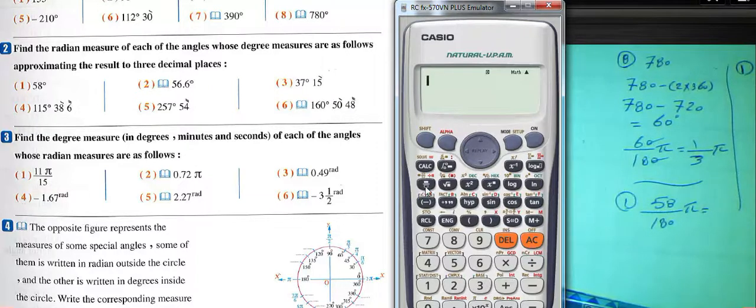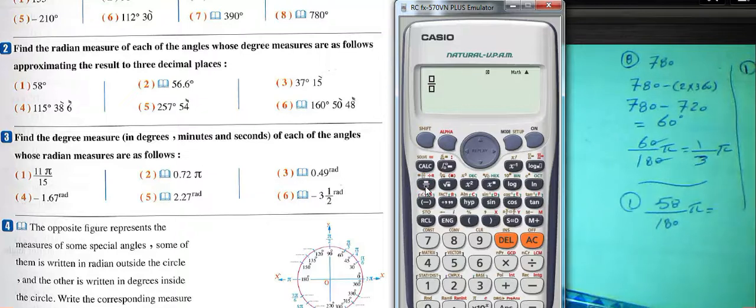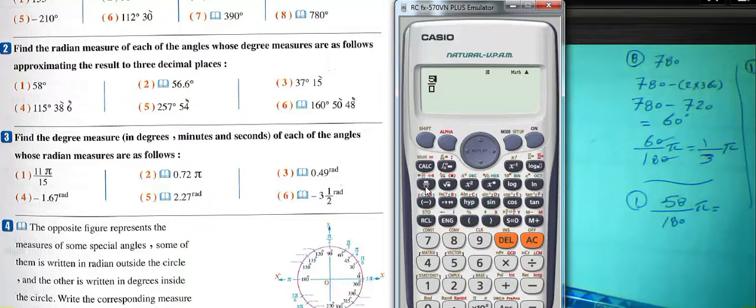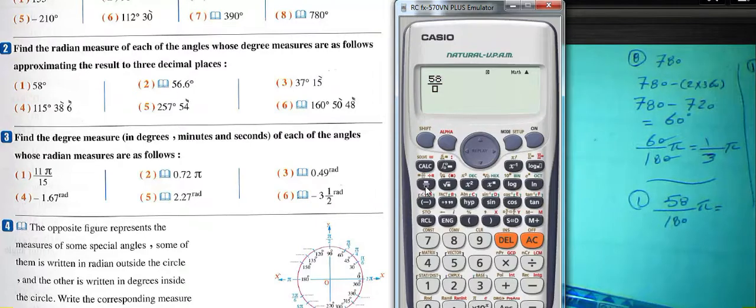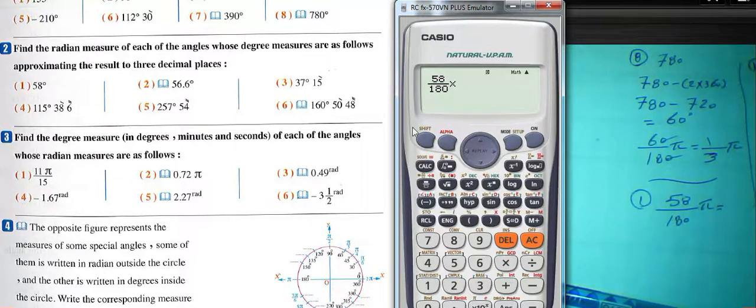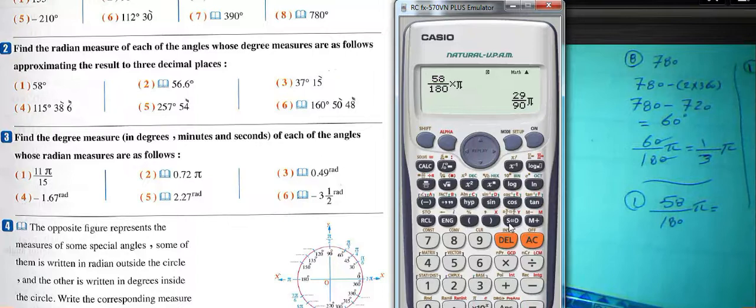We will write 58 over 180 multiplied by pi. The result will be 29 over 90 pi.